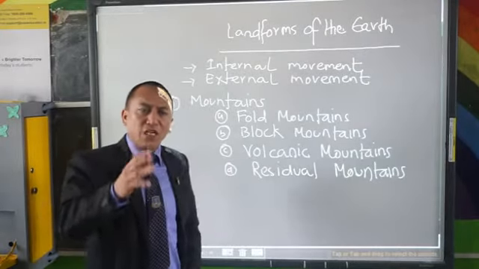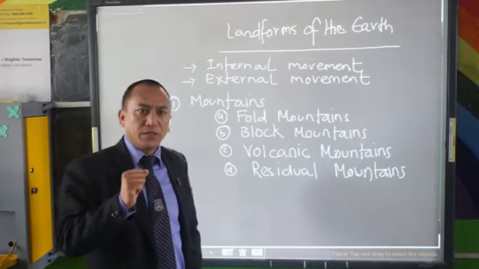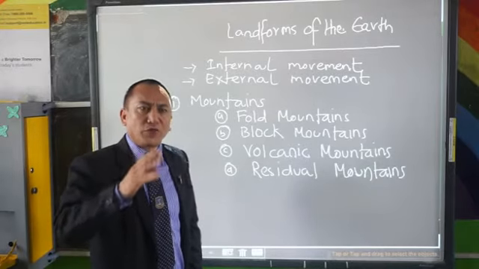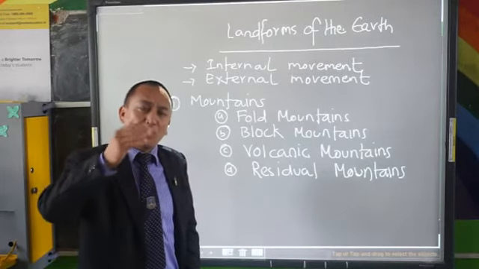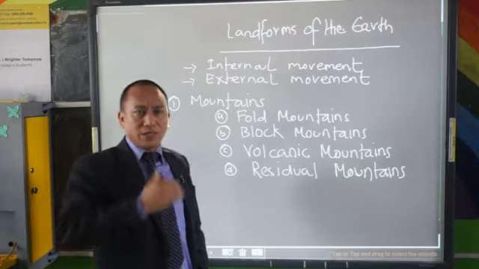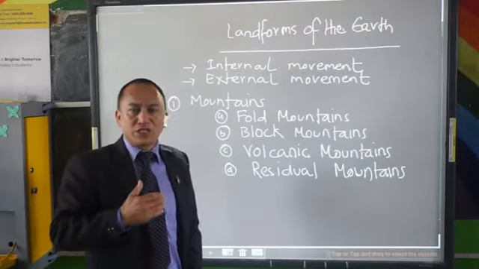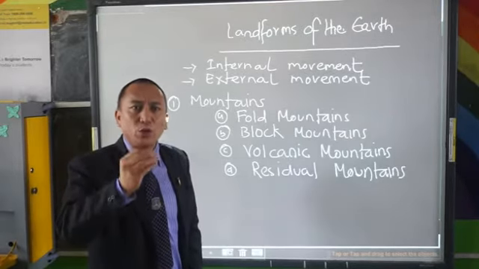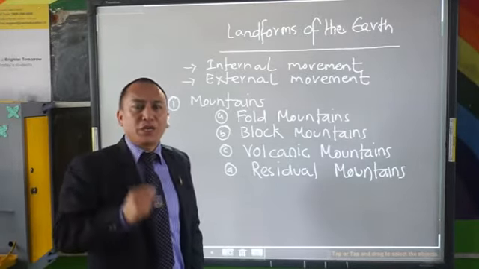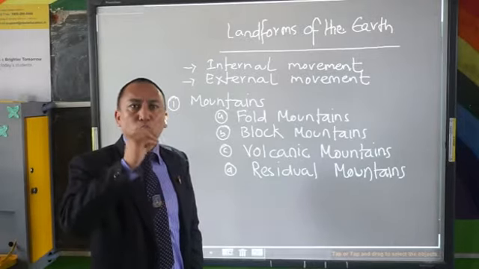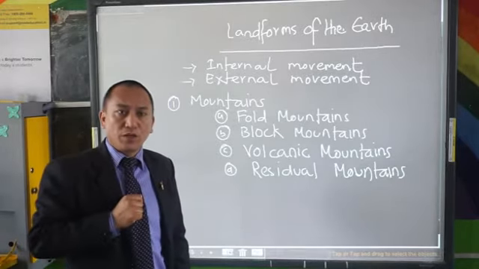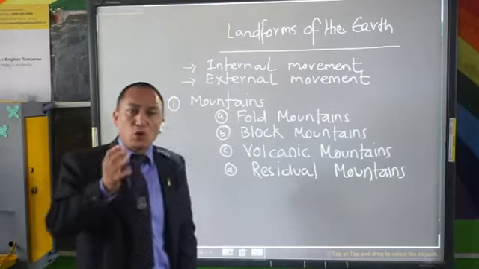Now if you see the old fold mountains, these are mountains formed much earlier than the young fold mountains. They were formed in the Caledonian period and the Erosional period, almost 300 to 240 million years ago. What are the characteristics of the old fold mountains?